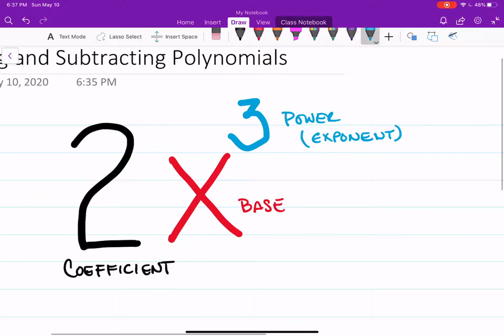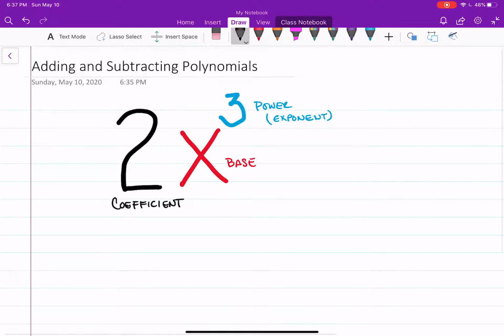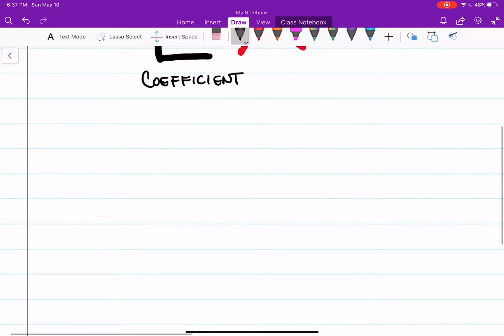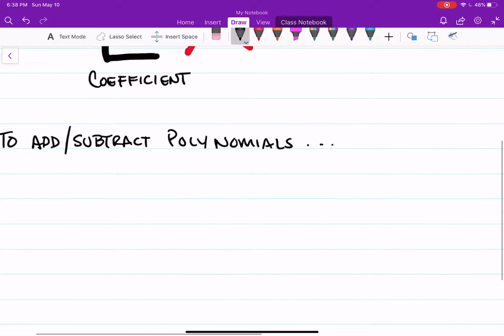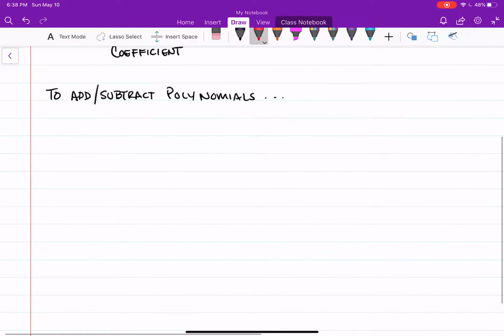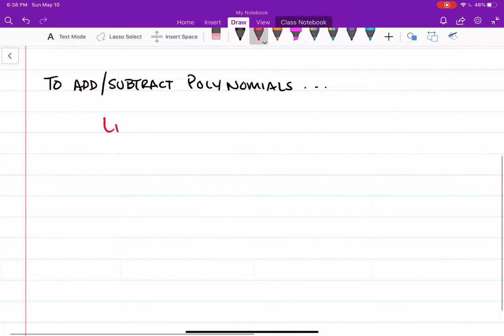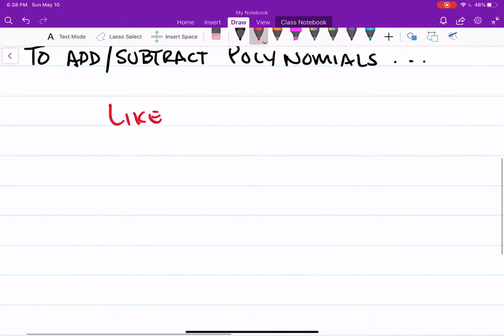Interchangeable, okay? So, why I put that out is because in order for you to add or subtract polynomials, you have to have like terms. Okay, and what are like terms?